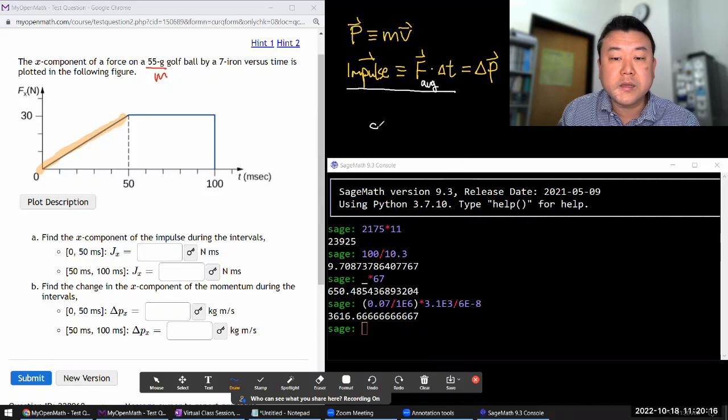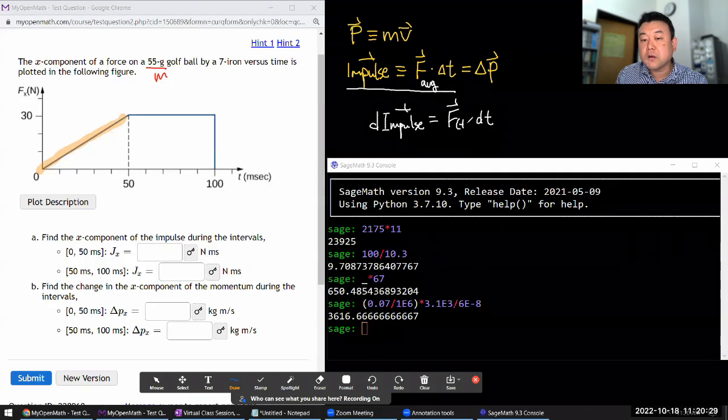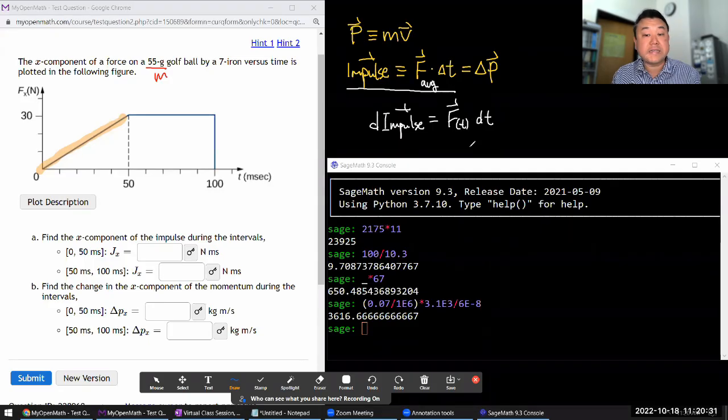We have to deal in terms of the infinitesimal amount of impulse delivered by the force over an infinitesimal amount of time. And we take the value of force at that exact time. And as long as we make this interval small enough, we can treat force as being constant over that interval.